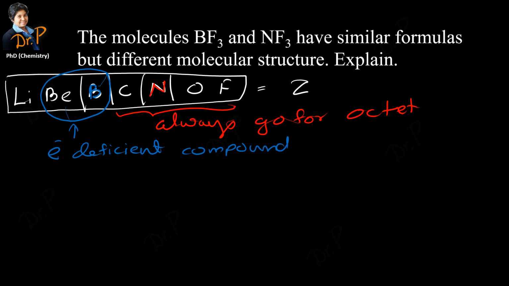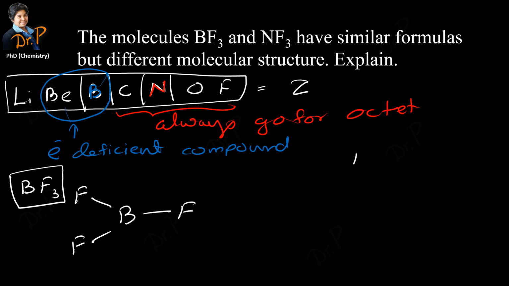The Lewis structure of BF3 will look like this. If you want, you can find the total number of valence electrons and place them, but you're going to end up with that structure for BF3.